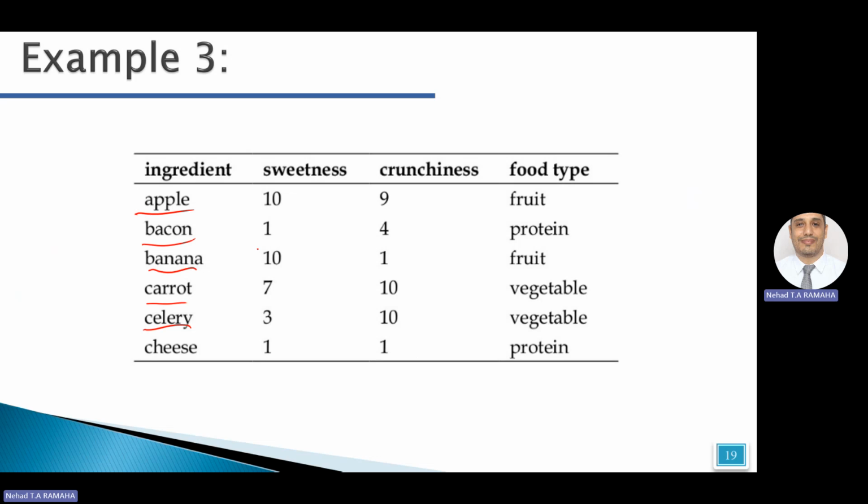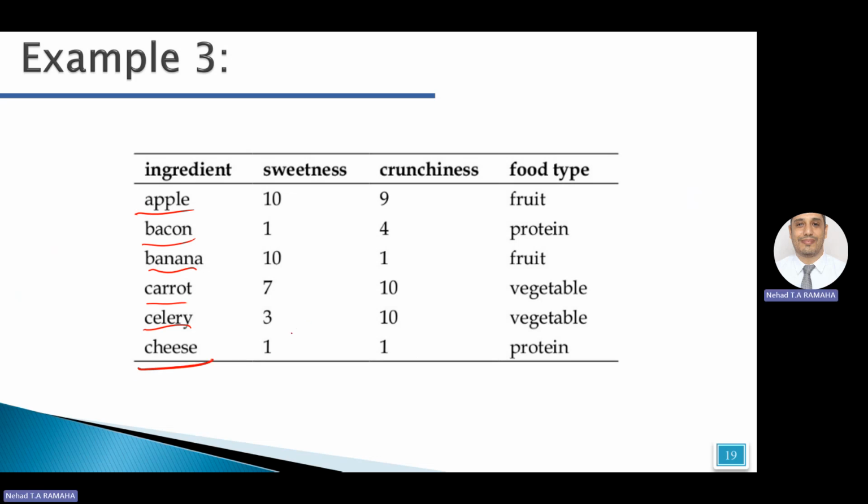I'm affected badly by the Turkish language, I want to pronounce it as G, yes? And cheese.